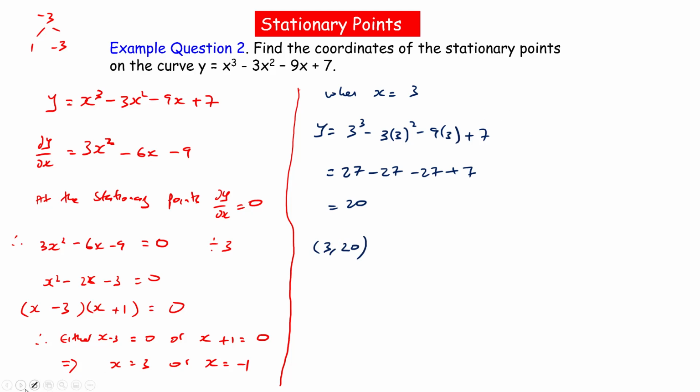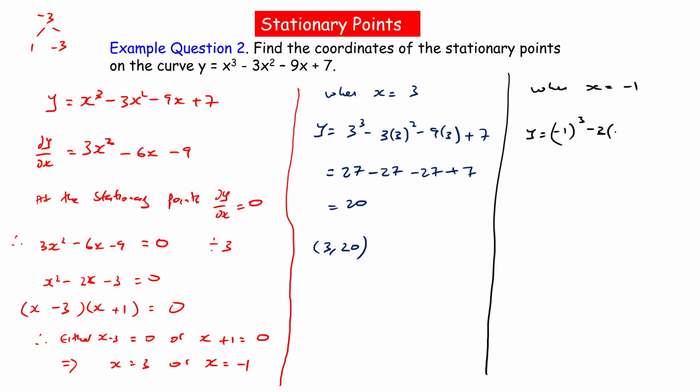Let's go with black. And when x is equal to minus 1, y is equal to minus 1 cubed, minus 3 times minus 1 squared, minus 9 times minus 1 plus 7.